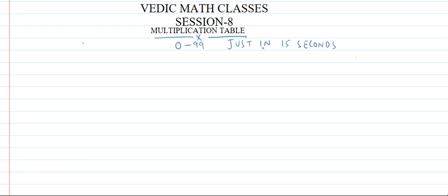In fact, I can say that the multiplication table may be very scary for students who do not know how to mug up the values, and at times we forget also. So after seeing this technique, you will be able to write down the multiplication table of any number from 0 to 99, that too just in 15 seconds. So please be with the video.